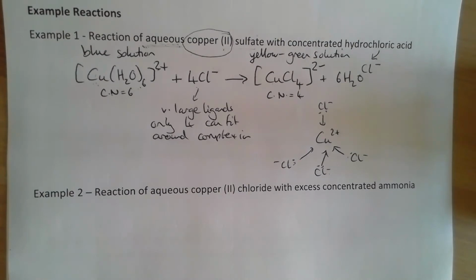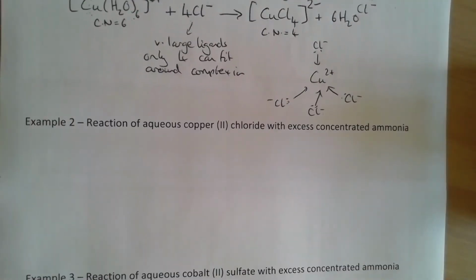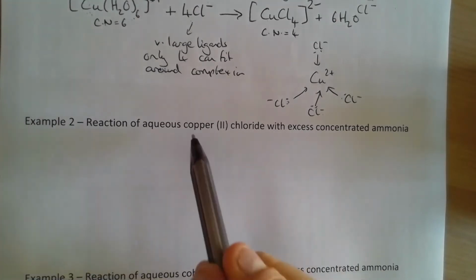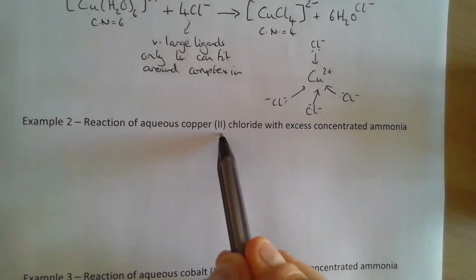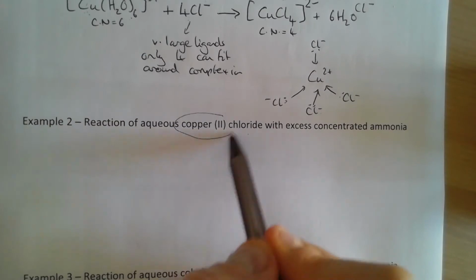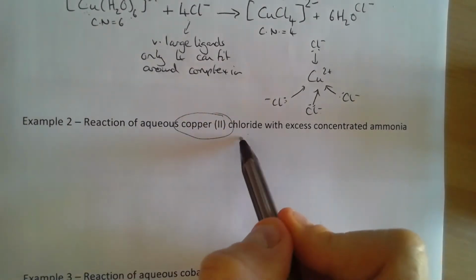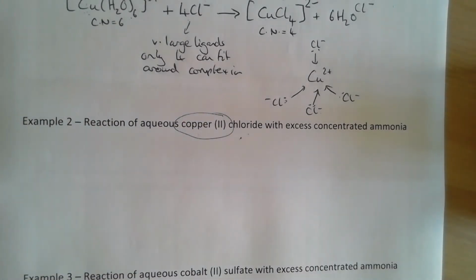Let's have a look at example number 2, reaction of aqueous copper 2 chloride with excess concentrated ammonia. Remember as last time, aqueous copper 2 chloride, we're interested in the aqueous copper 2 ions. The chloride ions are going to be spectator ions in solution. They don't form complexes.